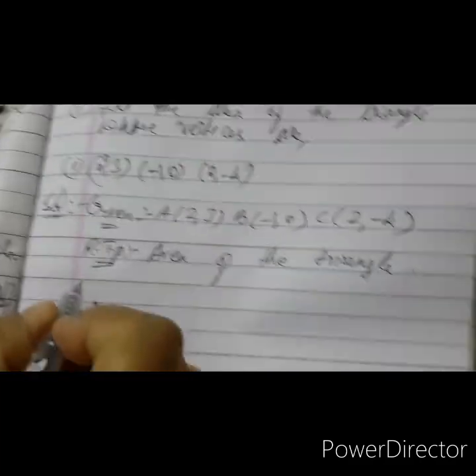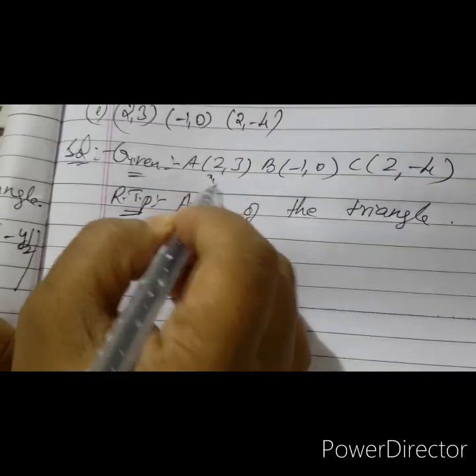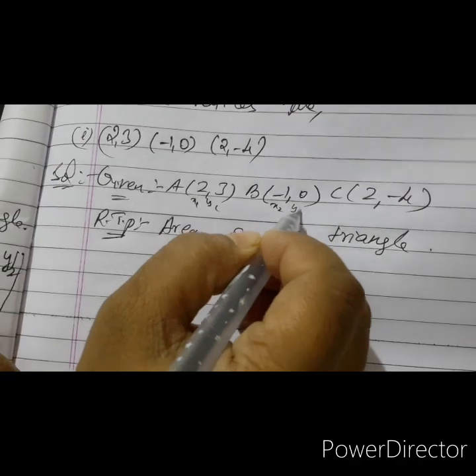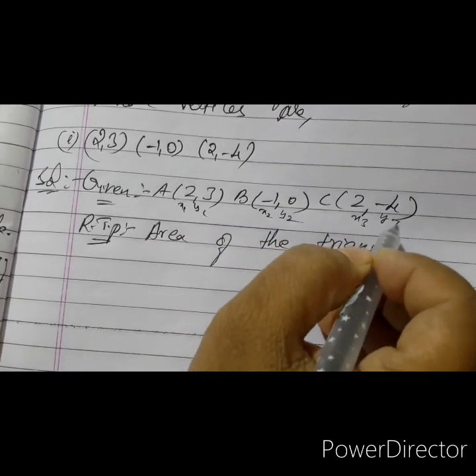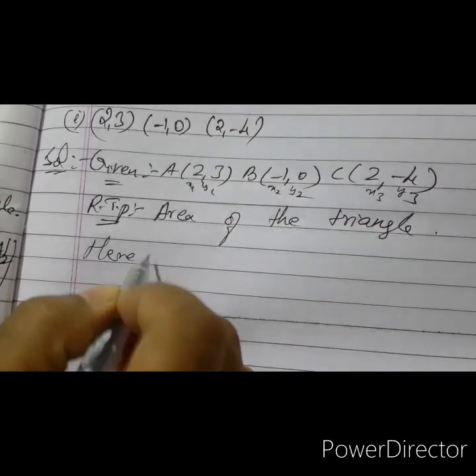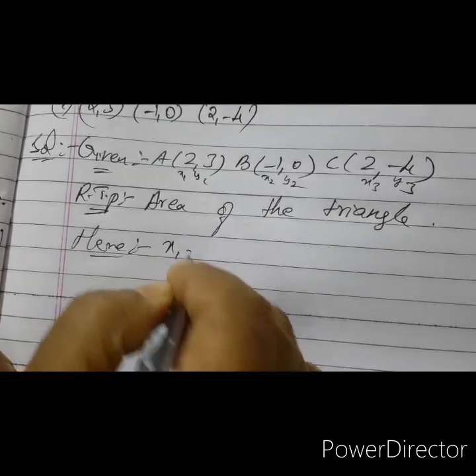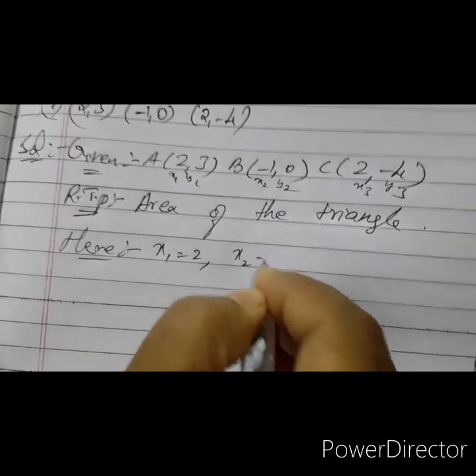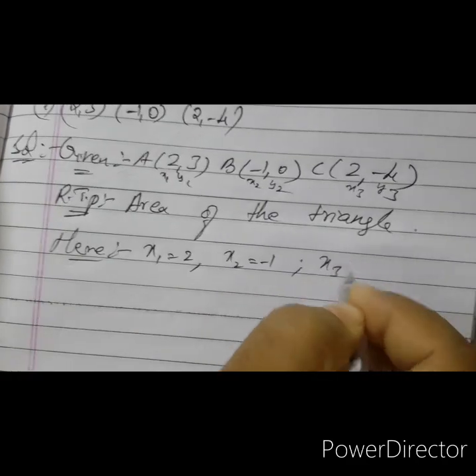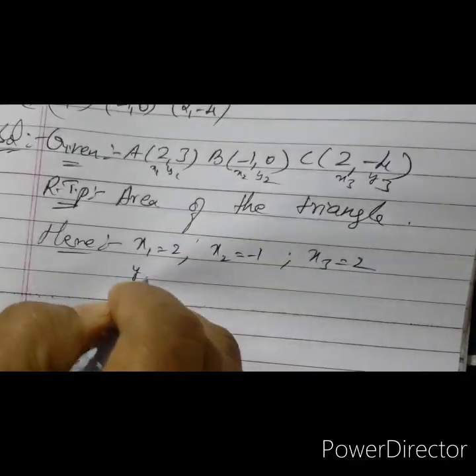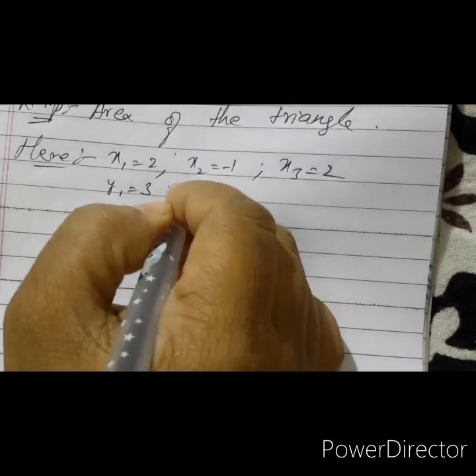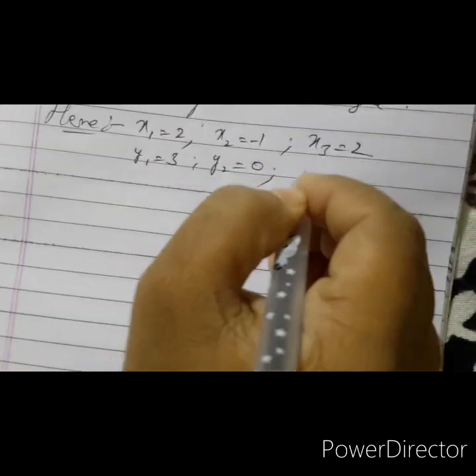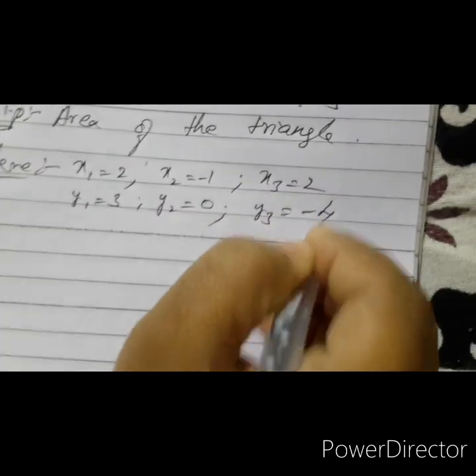Now what is x1, y1, x2, y2, x3, y3? From the given, I am writing x1 = 2, x2 = -1, x3 = 2, y1 = 3, y2 = 0, y3 = -4.